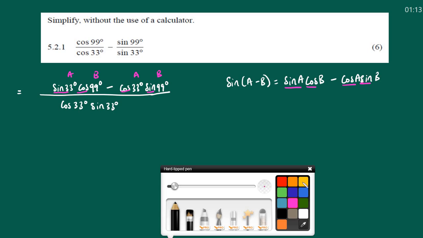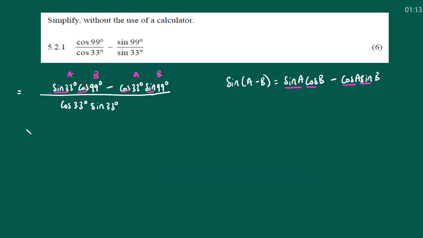So actually we can use the compound angle on top there. We can condense it to say the answer will then be sine 33 degrees minus 99 degrees, all over cos 33 degrees sine 33 degrees, right?